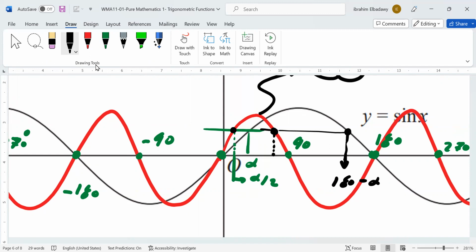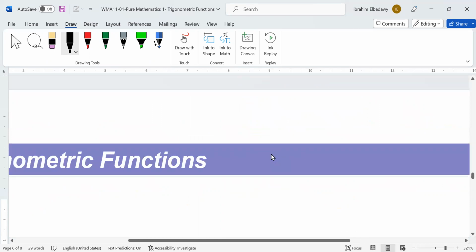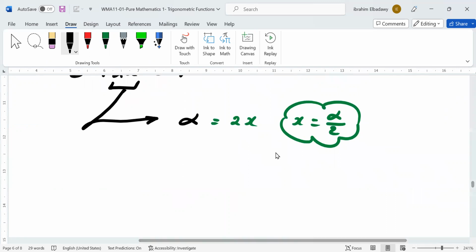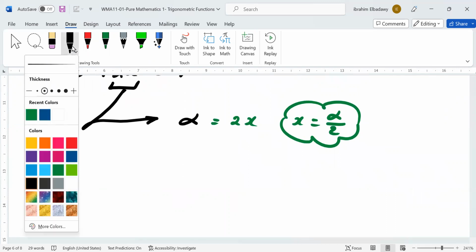But now it's not 180 minus alpha. It is divided by 2 because it is transformed from the black line into the red line. In this case, instead of writing alpha, it will be alpha over 2.